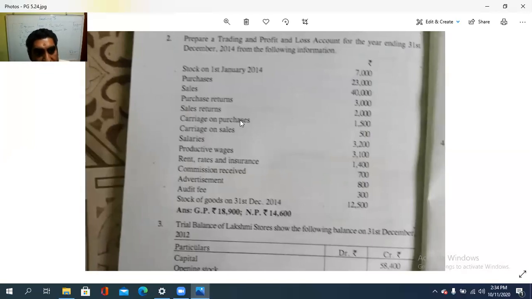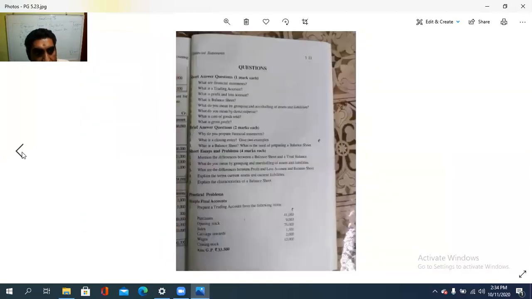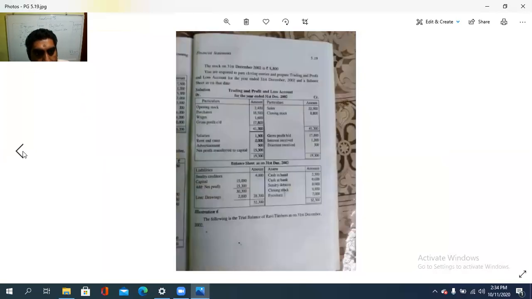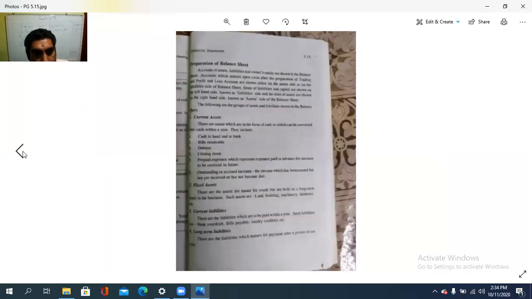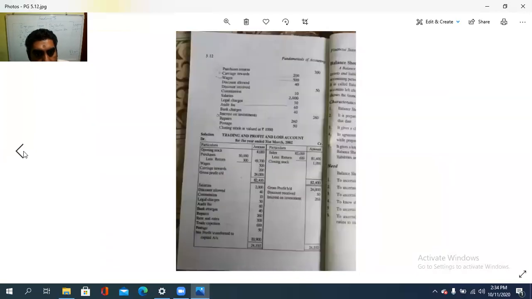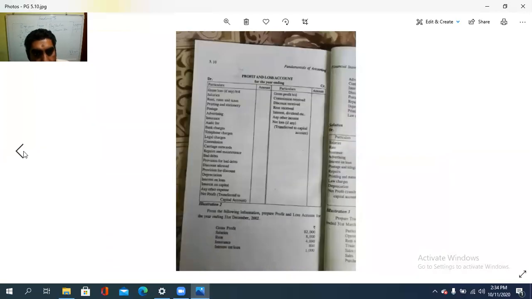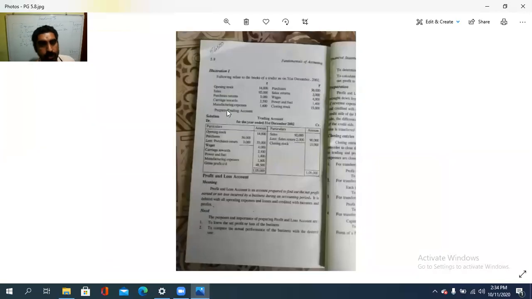Today we discussed what a trading account is, how the entries come, and what the contents of a trading account are.